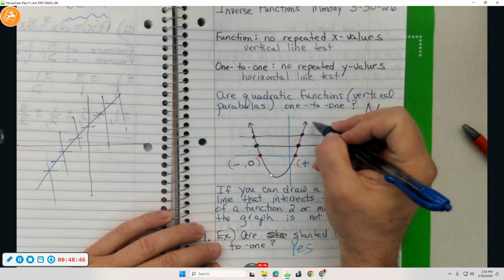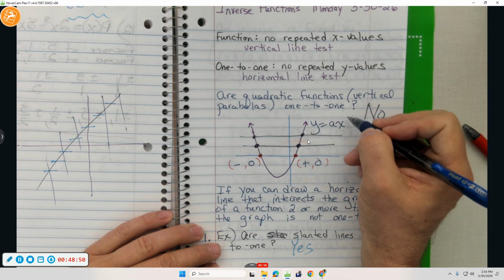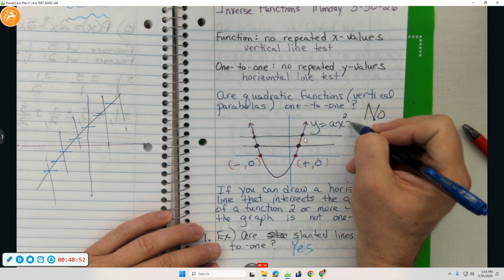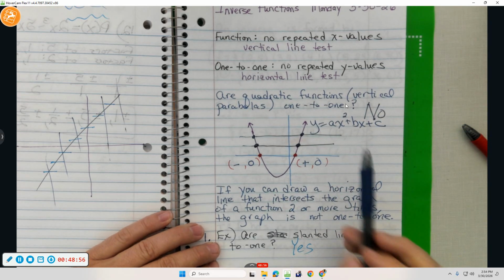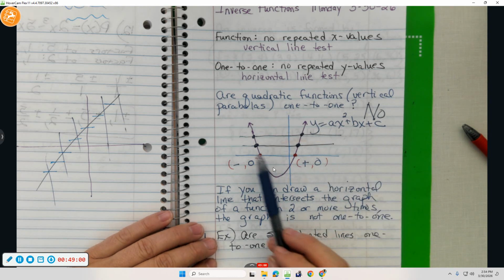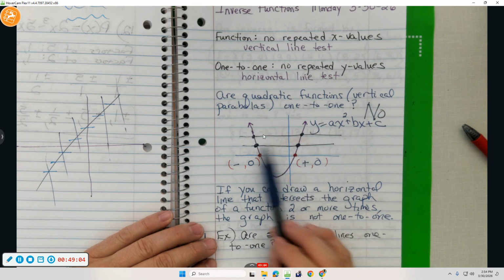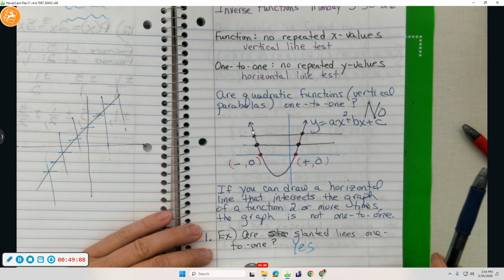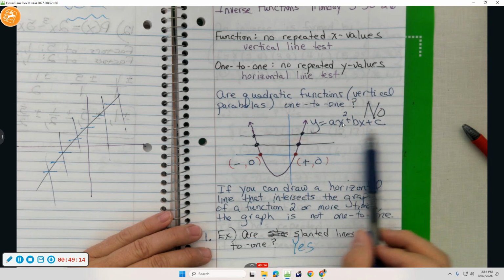We know a quadratic function is any function in the form y or f of x is equal to ax squared plus bx plus c. One of those terms is responsible for these repeated y values. One of those terms makes whether you plug in a positive or a negative, you get the same result. Which term does that here?